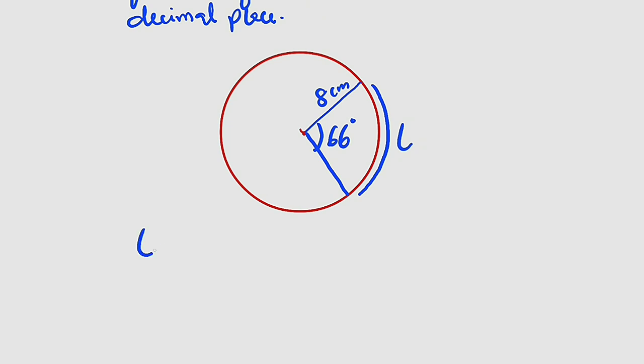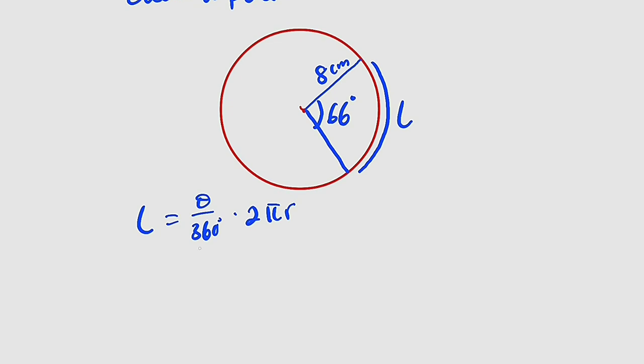According to the formula, L is equal to theta divided by 360 degrees multiplied by 2 pi r. So let's substitute everything. Theta is the angle subtended, which is 66 degrees, divided by the total angle in a circle, which is 360 degrees, multiplied by 2, multiplied by pi. You know, in Nigeria, we commonly use 22 divided by 7, then multiply by the radius, which is 8.